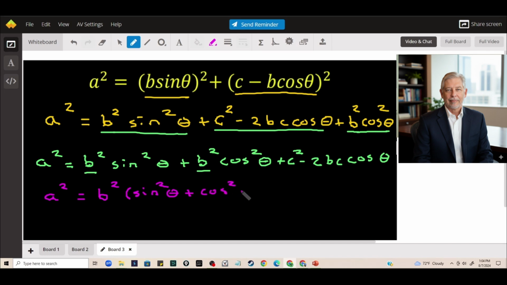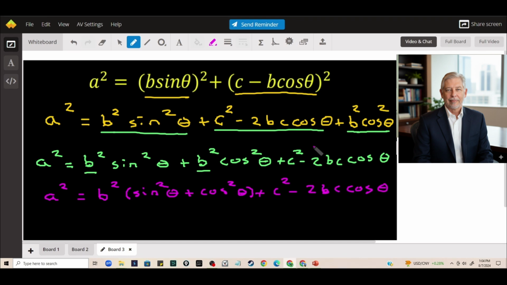And whenever you have sine squared theta plus cosine squared theta, that helps a lot. I'm going to show you in a minute. So we've done that, and we're going to add C squared minus 2BC cosine theta. And we are almost done.